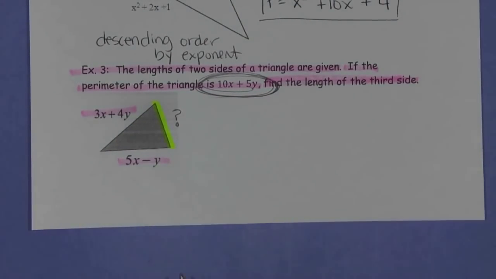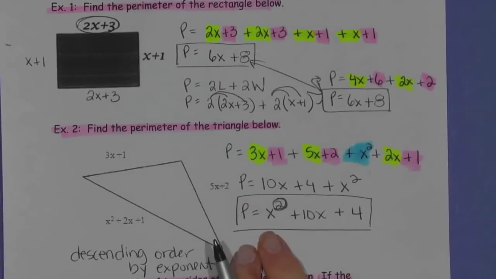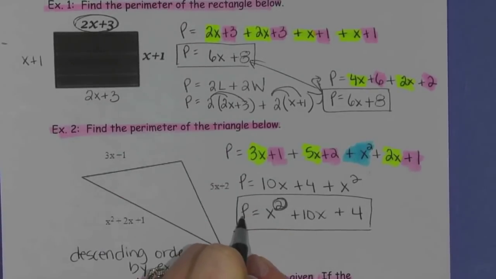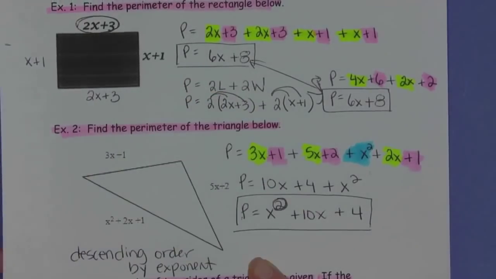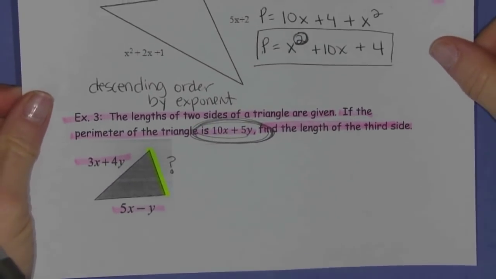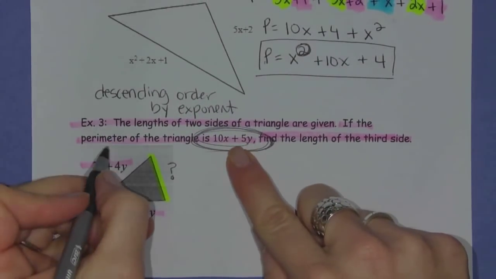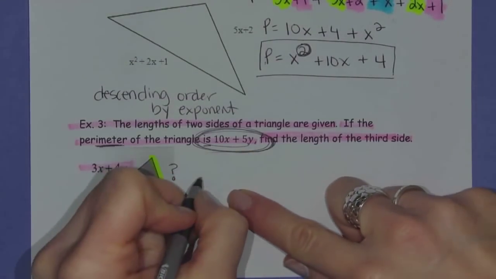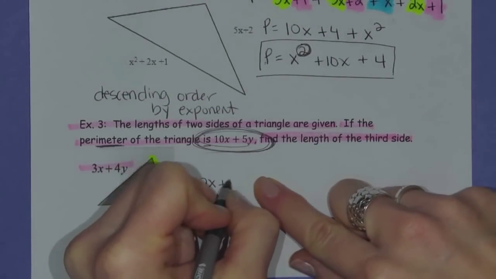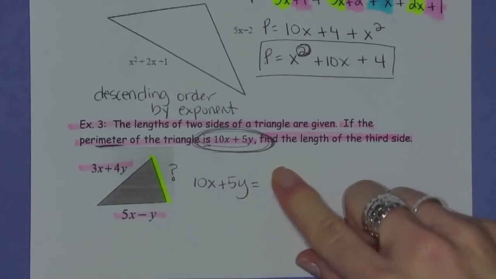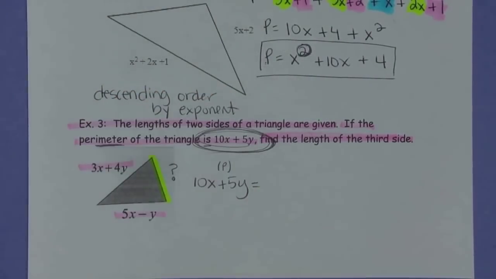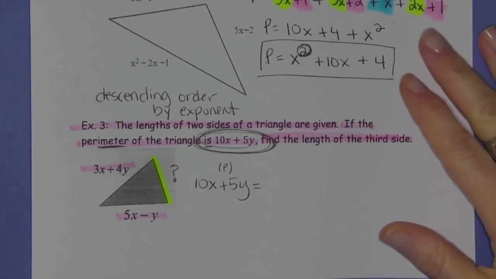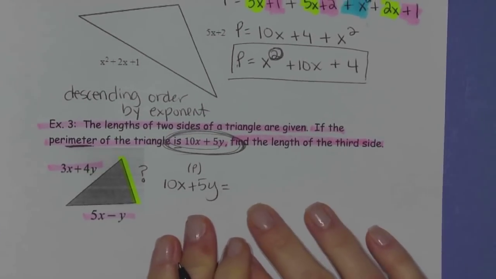Okay, so here's what I'm thinking. In these other examples, I put P for perimeter. P equals. Well, now I have the perimeter. The perimeter is 10x plus 5y. So I'm going to write 10x plus 5y equals. So this would have been P, but they're giving me P. And now I'm going to add these sides together.